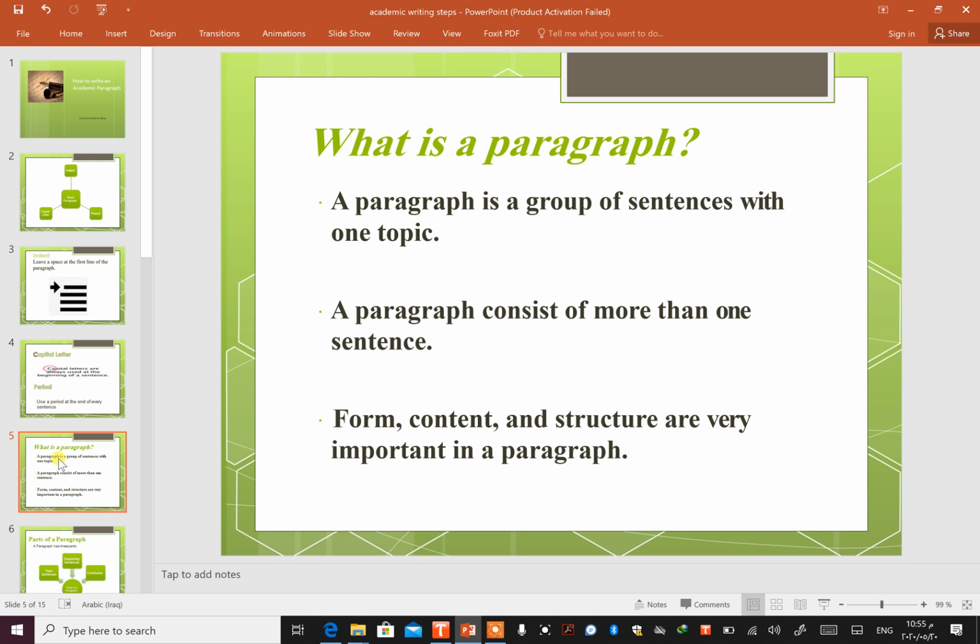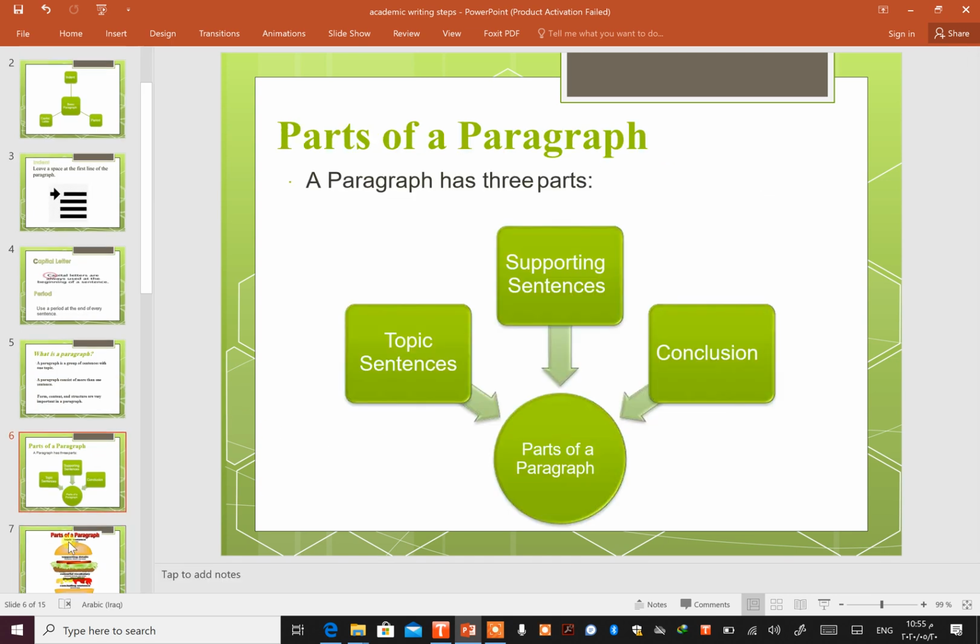That means a combination of sentences talking about only one topic. So you have to stick with your main idea, your topic, because each sentence of the paragraph should talk about the same topic that you start with. This is really important in an academic paragraph.